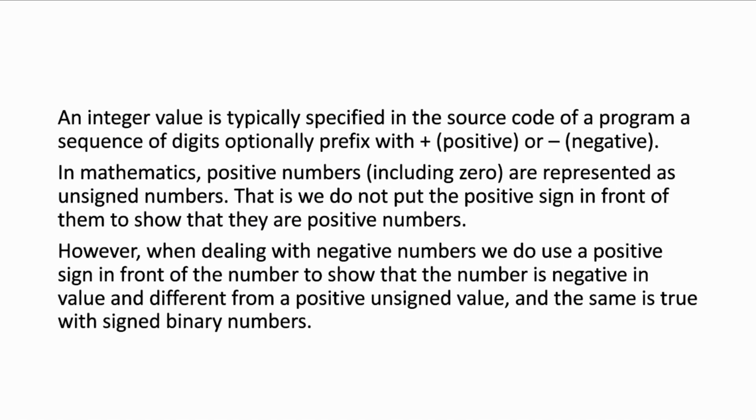In mathematics, positive numbers, including zero, are represented as unsigned numbers. That is, we do not put the positive sign in front of them to show that they are positive numbers. However, when dealing with negative numbers, we do use a negative sign in front of the number to show that the number is negative in value and different from a positive unsigned value, and the same is true with signed binary numbers.